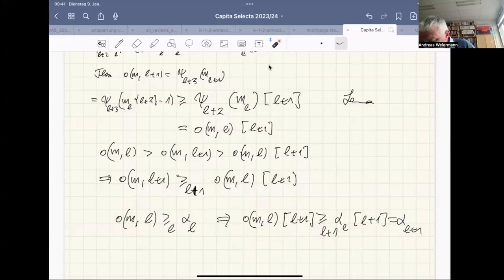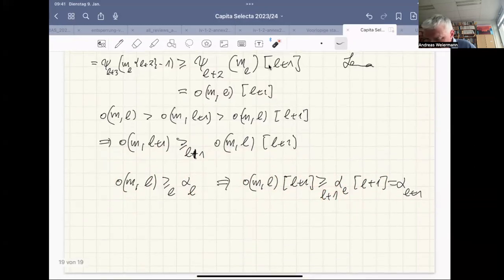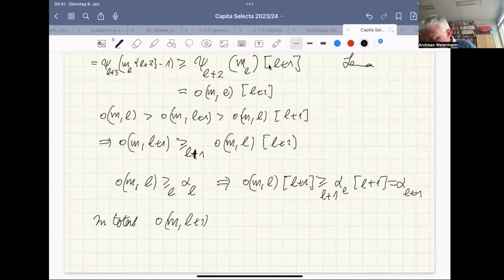And then I can step down from this number along L plus 1 to this number, which is this number. I can step down along L plus 1 to hit this number. So in total, we have seen that OM L plus 1 steps down at L plus 1 to alpha L plus 1.